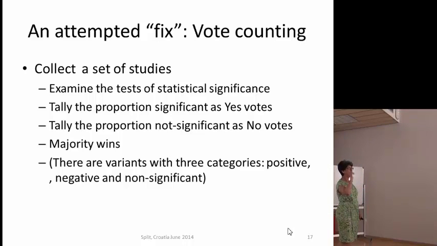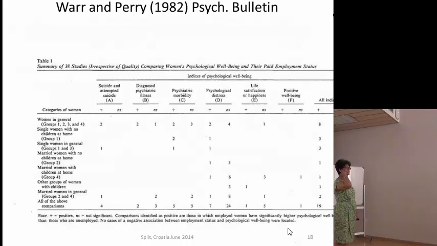Okay, so what's wrong with that? Here's a look. This is from 1982, so this is a bit old. It's from Psychological Bulletin, but it provided a good example. You can see they have a plus and an NS, and then they tally them up.